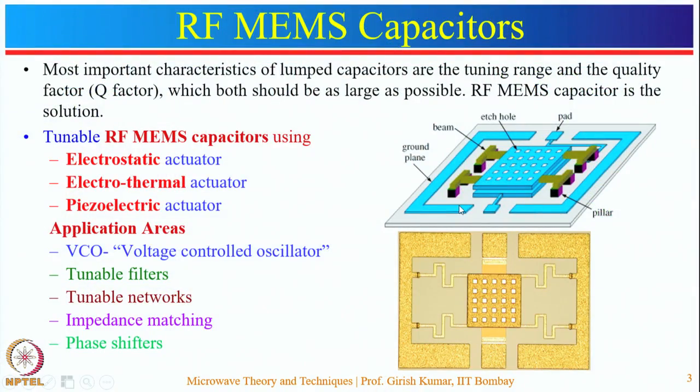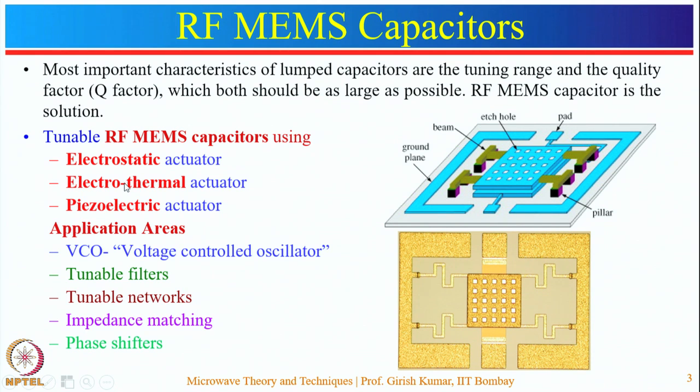Here the bottom plate is the fixed plate and the top plate is suspended at an air gap. This top plate is suspended using T-shaped beams which support it. Here these metal plates are separated by an air gap, and the capacitance of these plates can be changed by varying the gap through various types of actuators.